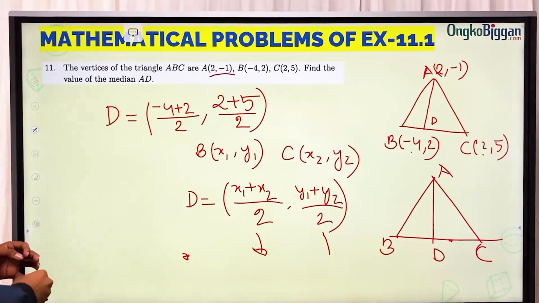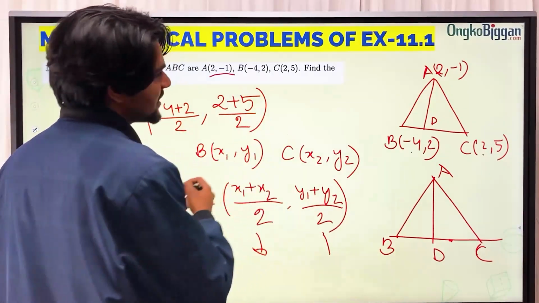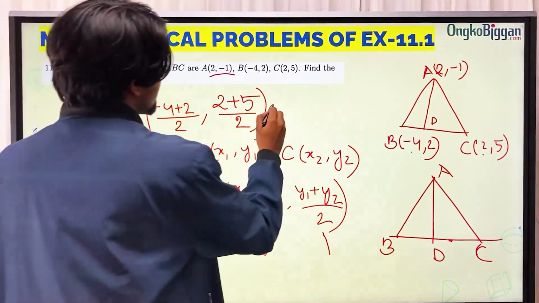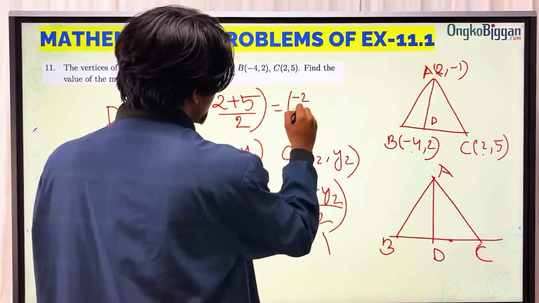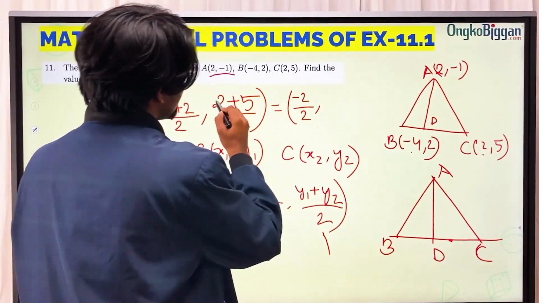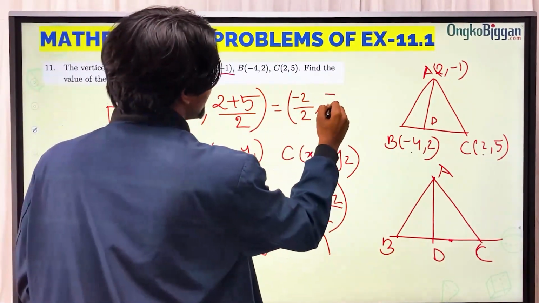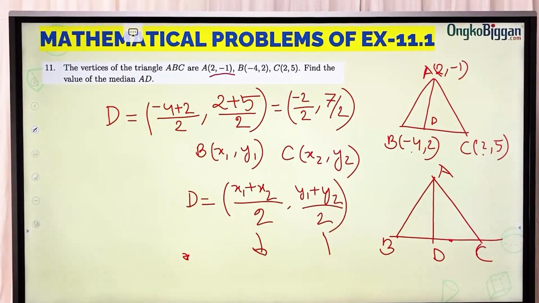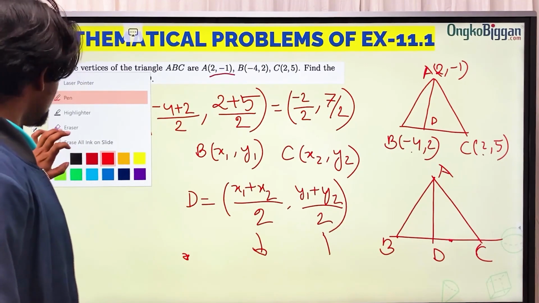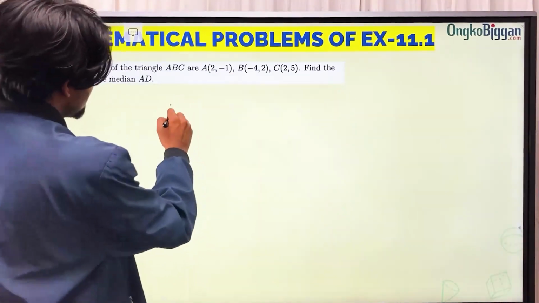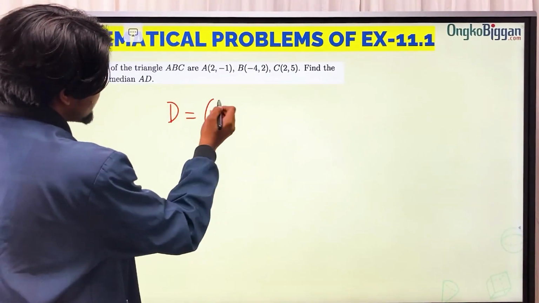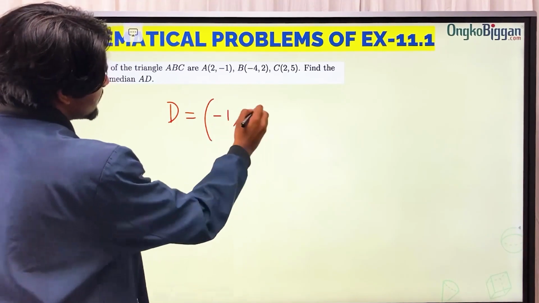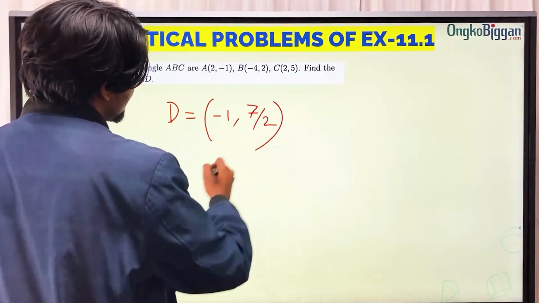So we got minus 2 by 2, that is minus 1, and 2 plus 5 is 7, so it will be 7 by 2. So the coordinate of D will be minus 1, and 7 by 2 will stay the same.